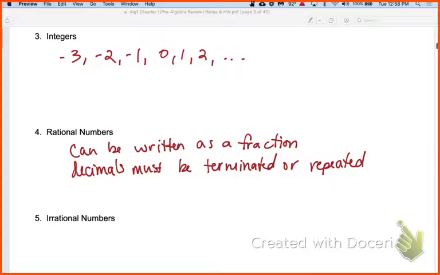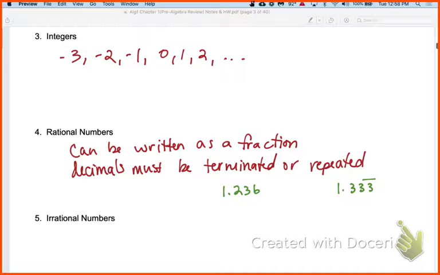So what I mean by that is, for example, a terminating decimal is like 1.236. Okay, it stops. It doesn't go on forever. A repeating decimal would be like 1.333, etc. Pi is not one because there is no pattern to it. Repeating means it has a pattern after the decimal point.